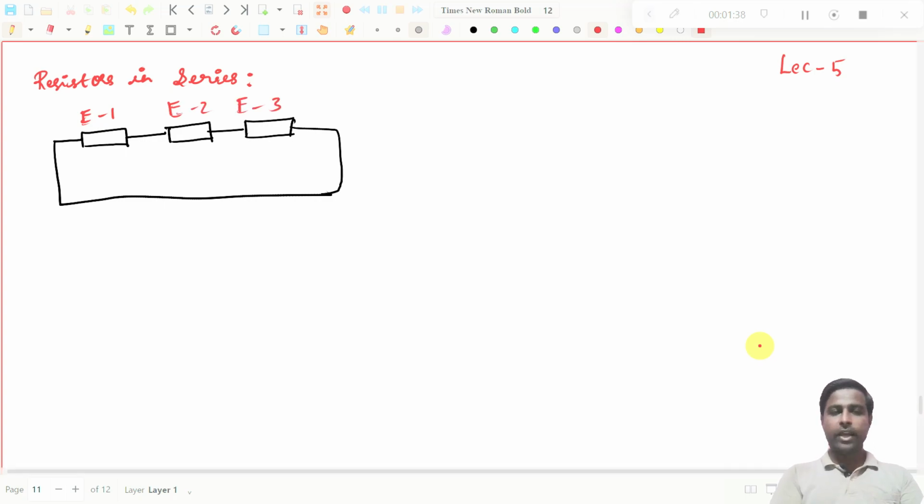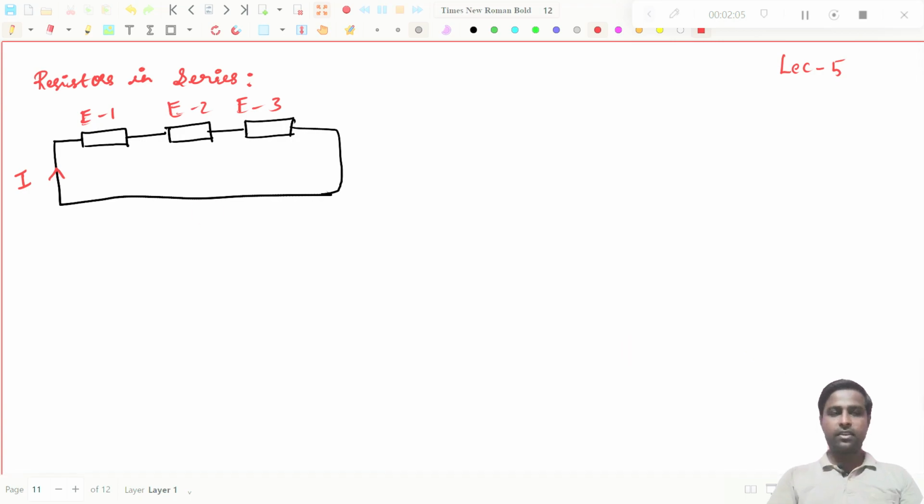If a current I is flowing through this branch, all these elements are connected in series. I will tell you how to determine whether elements are connected in series or parallel.